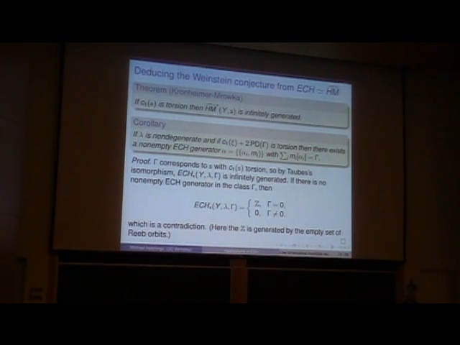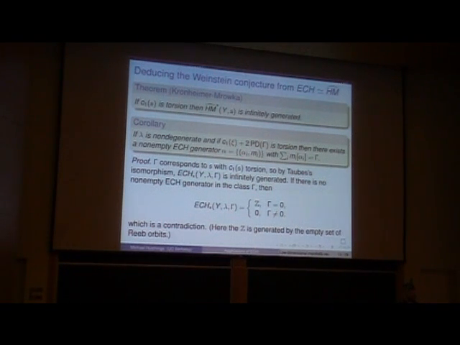And then the corollary is that at least if lambda is non-degenerate, then for a class gamma where this is torsion, there exists a non-empty ECH generator of class gamma. The proof is that this class here is just c1 of the spin-c structure that corresponds to gamma. So if this thing is torsion, then the spin-c structure is also torsion.